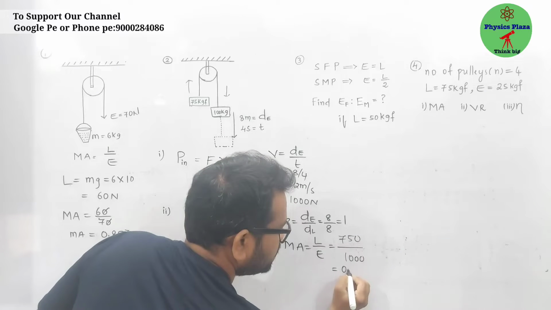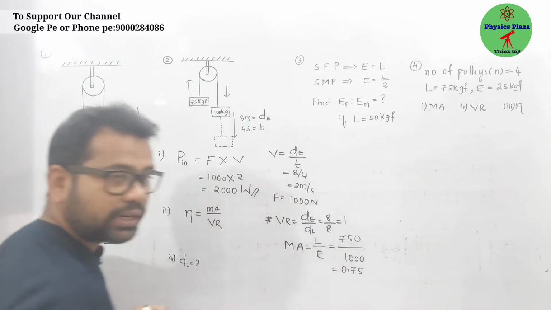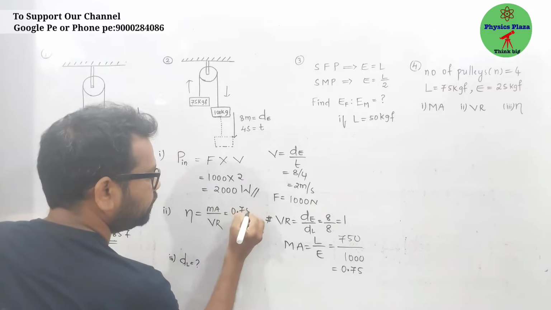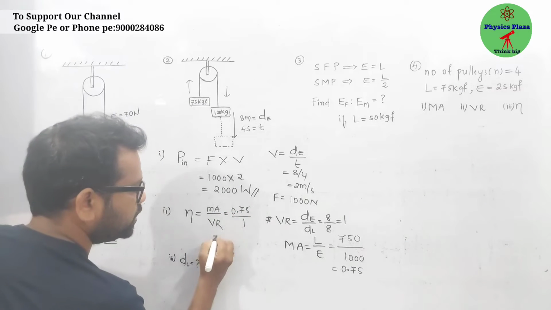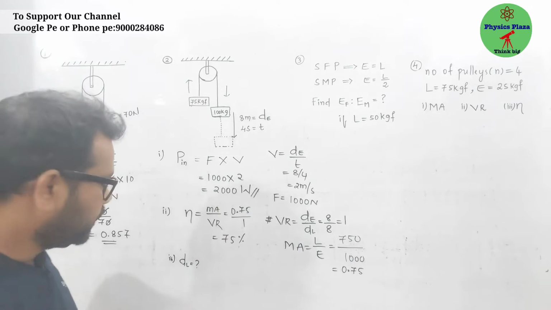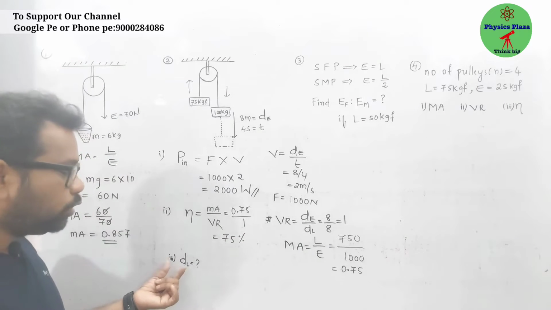Hence this is 0.75. Now put here 0.75 by 1, which means 75% efficiency.